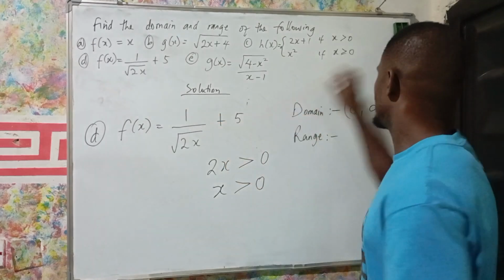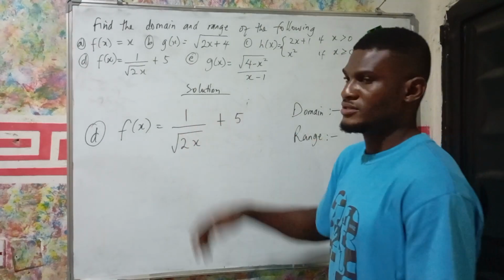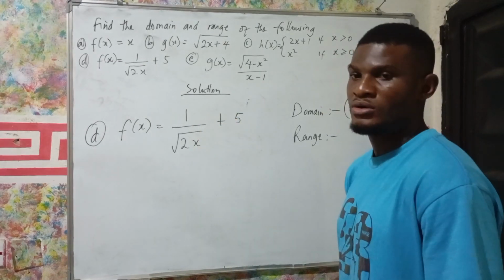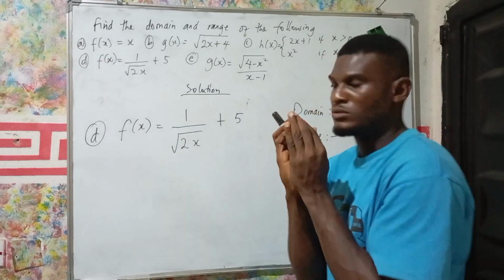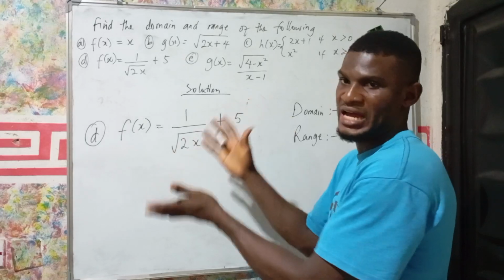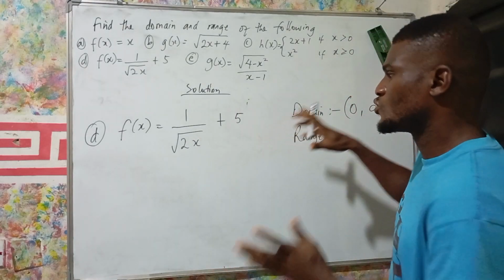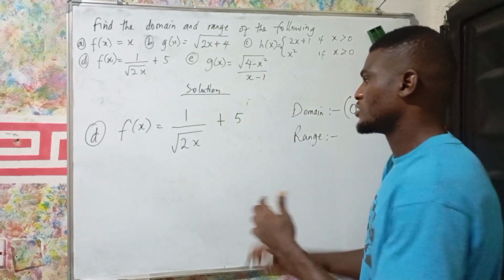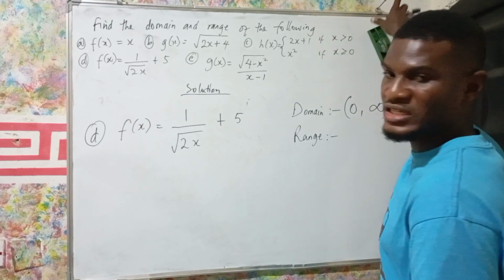Now, from this equation, since it is a numerator and a denominator, when the value on the denominator is very small, when we take the reciprocal of it, it's going to become very large, moving towards infinity. The smaller it is, getting towards 0, it will become very large, getting towards infinity.